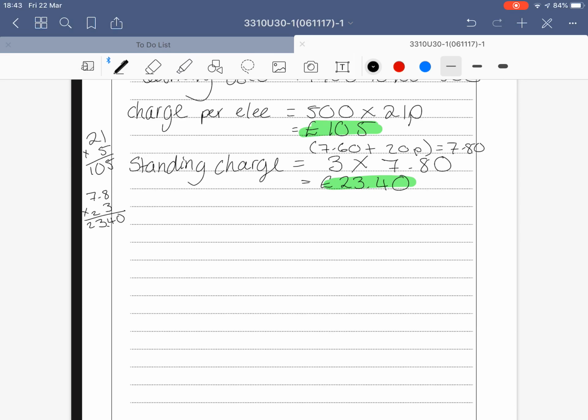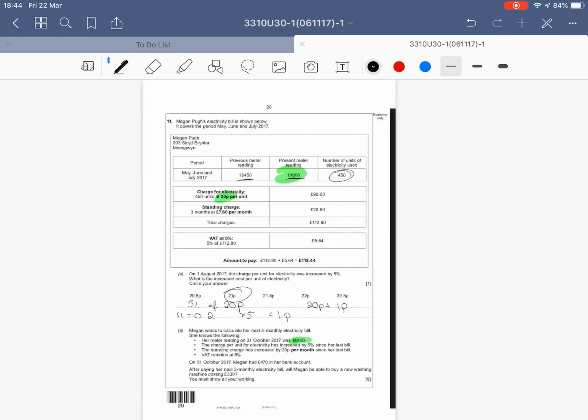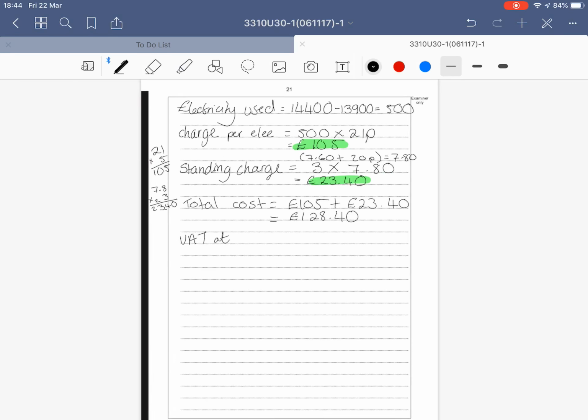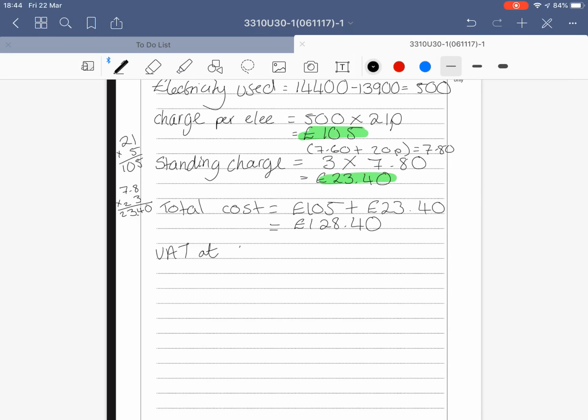So we know that's her electric cost, that's her standing charge. Let's work out her total cost. We haven't added VAT yet, but we'll do that now. Total cost: £105 plus the 23.40. You can write those underneath each other to add them, but it's 128.40. Now we need VAT. VAT remains at 5%.